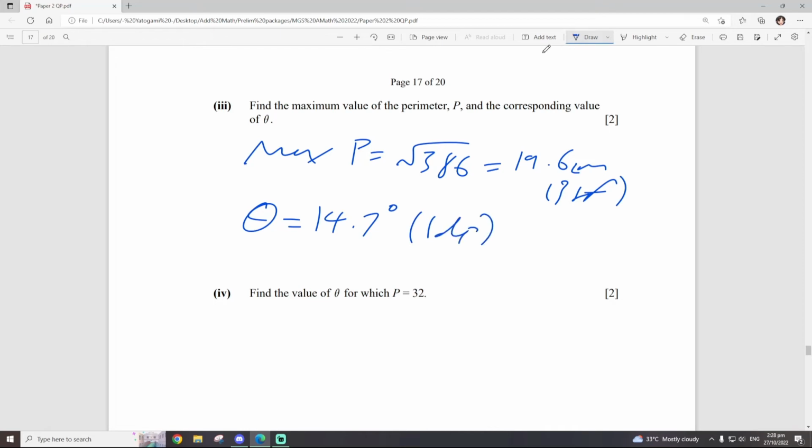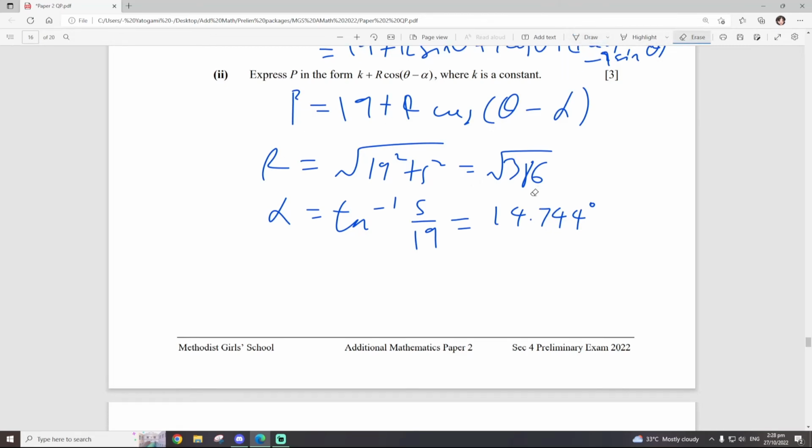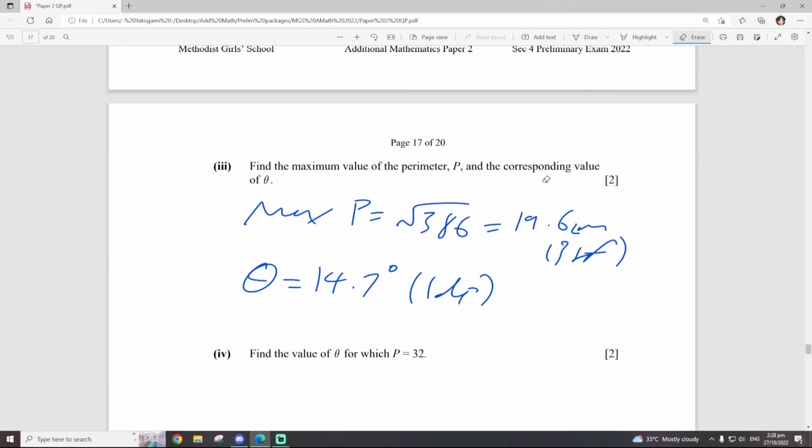Find the value of theta of which P is 32. So we want, oh wait, no, it's 19 plus root 386, I just realized. Sorry about that. So it's 38.6. Okay, find the value of theta of which P is 32.